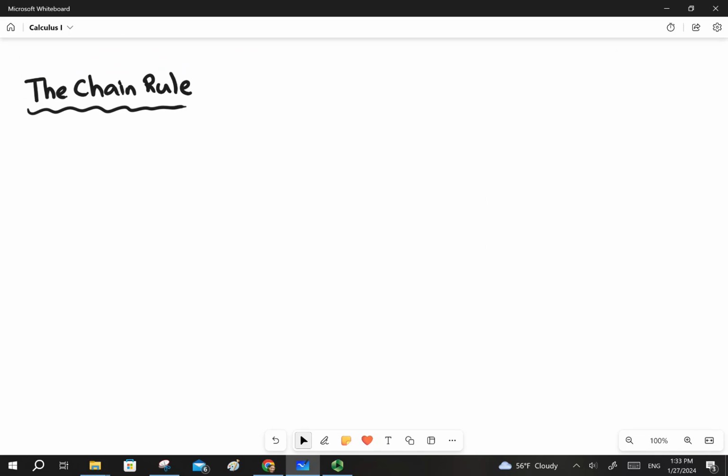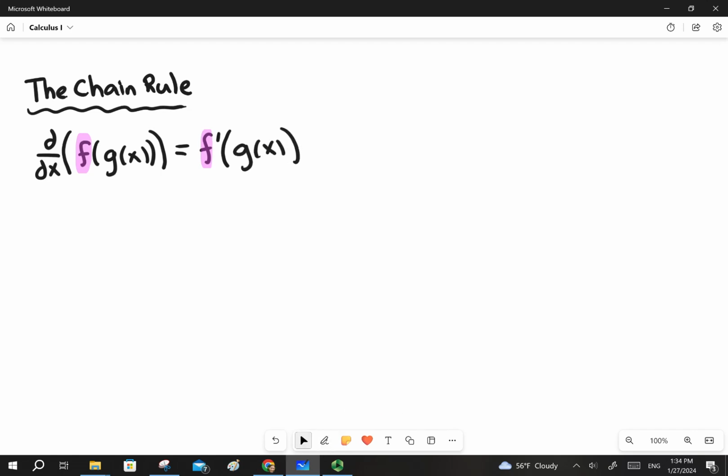but what the chain rule says is that if you have a composition of functions, like f of g of x, and you want to take its derivative, the way you do that is you take the derivative of the outside function. In this case, the outside function is the f. So you take its derivative, but you keep it evaluated at the inside function.